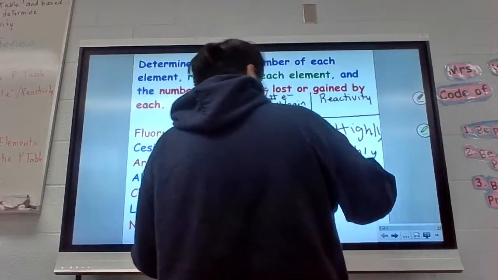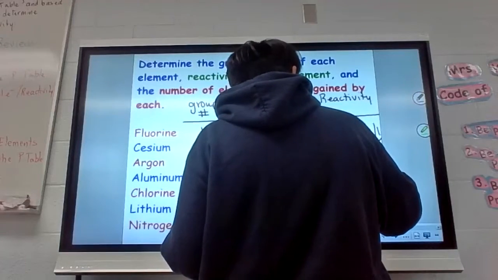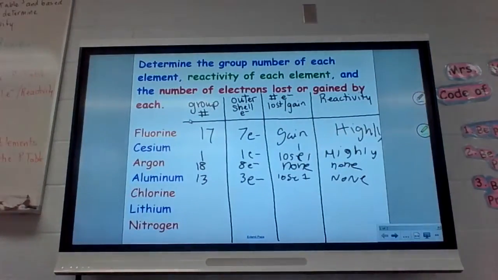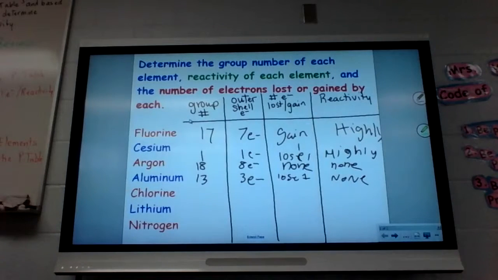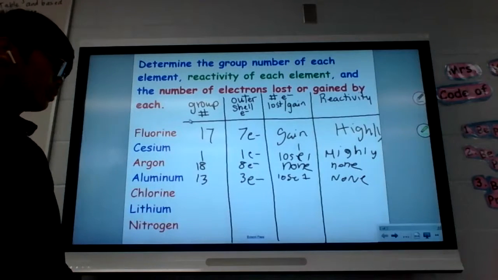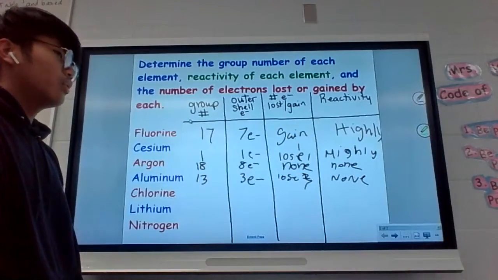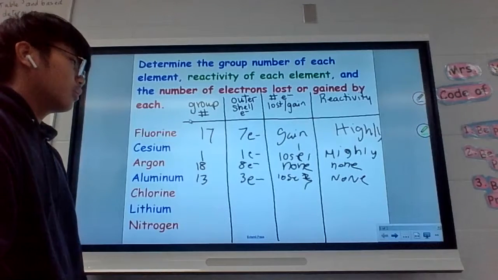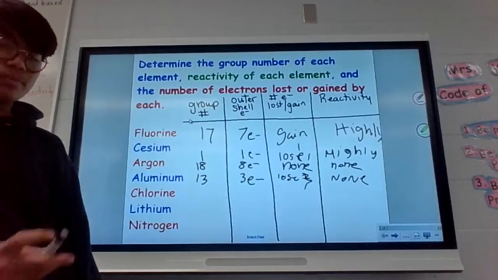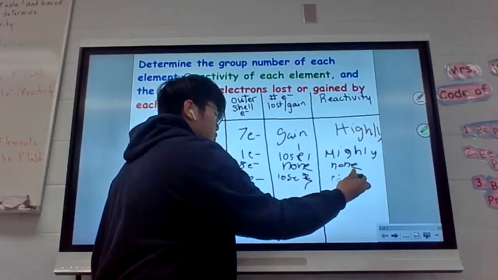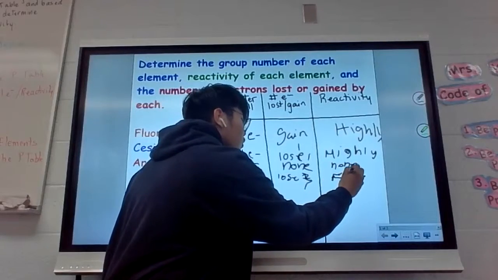I'm not sure about this one. All right. What you got? Is this right? 13-3, lose how many? How many are in the outer shell? Oh, 3. So it's got to lose how many? 3. Lose 3. Okay. And what reactivity would it have? Somebody help me with the reactivity. Aluminum. Fairly. This is why we took notes on this, dude.